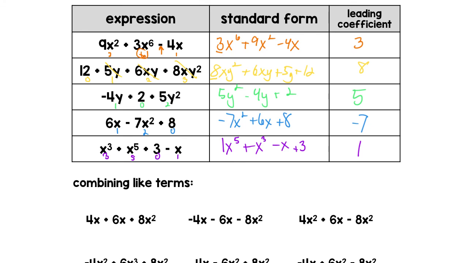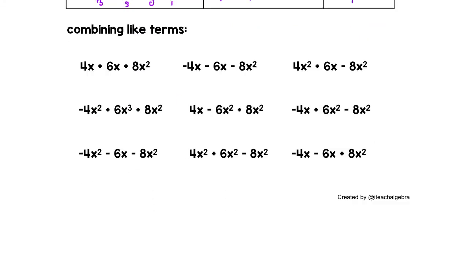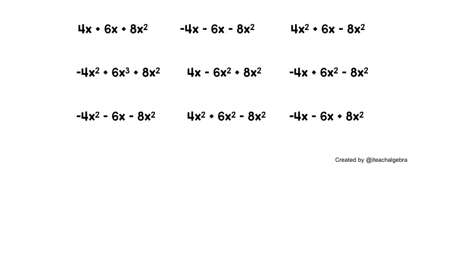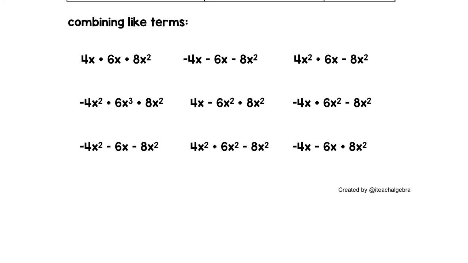All right, one last idea here that I want you to understand and master, and then you're on your own. So when I say combine like terms, I'm going to say it again, like terms have the same base, and base is the big number.